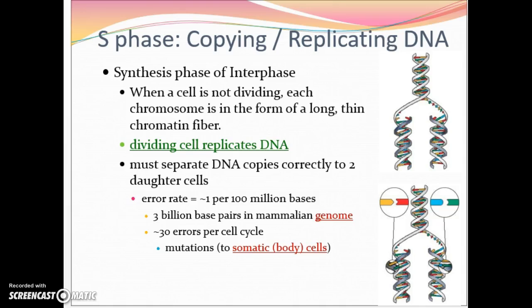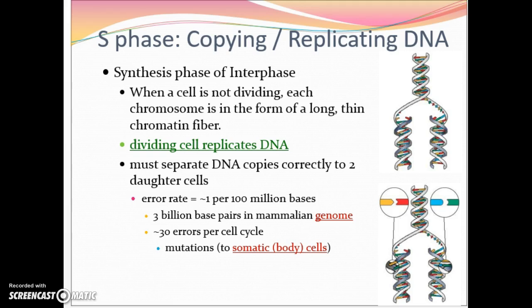This is part 2 of the Chapter 12 lecture, and we left off in part 1 talking about the S, or synthesis phase of the cell cycle. So we were talking about how many errors there are, and there's only about one error per 1 million bases of DNA that gets replicated.